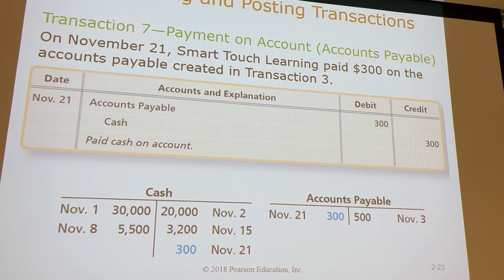So now, when the liability account is going down, it would be a debit to accounts payable. So we debit accounts payable for $300, and cash, which is an asset account, is going down. That would be a credit, so we credit cash $300, and then we find T accounts again for cash and for accounts payable to record those amounts in the ledger.